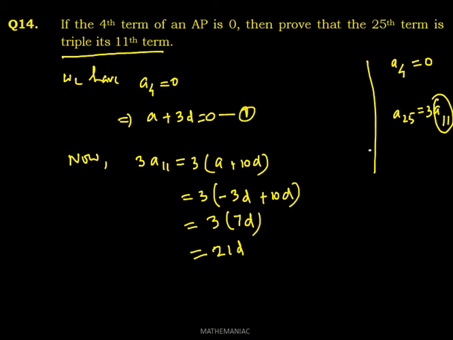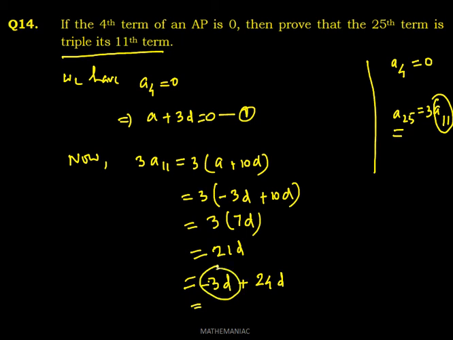Now if you would like to obtain A25, you can do it separately, or you can generate it from here also. For generating A25, what do I need here? 24d. With that, what will you add so that you get 21d? It will be minus 3d.